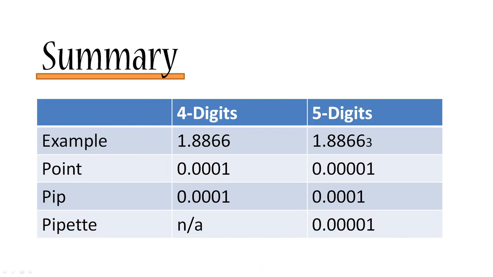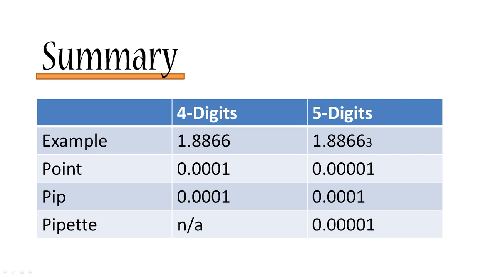So just to sum up, we've got the 4-digit system, the 5-digit system. An example is the British pound, Australian dollar quotation that we looked at, 1.8866 in the 4 digits, 1.88663 in the 5 digits. 1 point is always the minimum change. In the 4-digit system, it's 0.0001. In the 5-digit system, it's 0.00001.